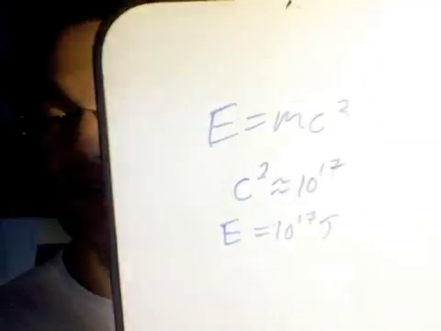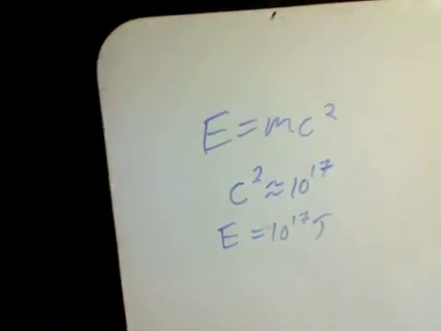That means 1 kilogram of mass contains 10 to the 17th joules of energy. That's a lot. Okay, so like I said, that's enough to cause a huge amount of devastation if it were just released. Fortunately, that's very hard to do. And you can kind of think of mass as sort of frozen energy. And energy is kind of like evaporated mass. It's almost a relationship like that.